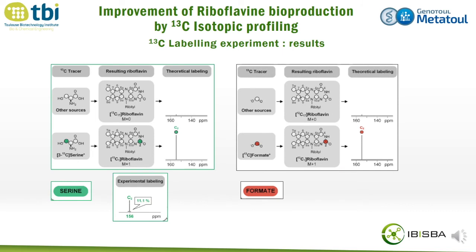Finally, in the formate experiment, we again could have unlabeled carbon sources with no C13 enrichment, and fully labeled formate, which is a C1 compound, leading to C2 enrichment. And what we can observe experimentally is an enrichment on the C2 of around 23%.